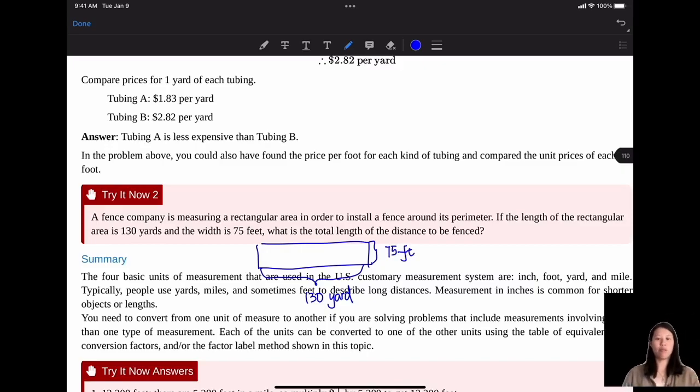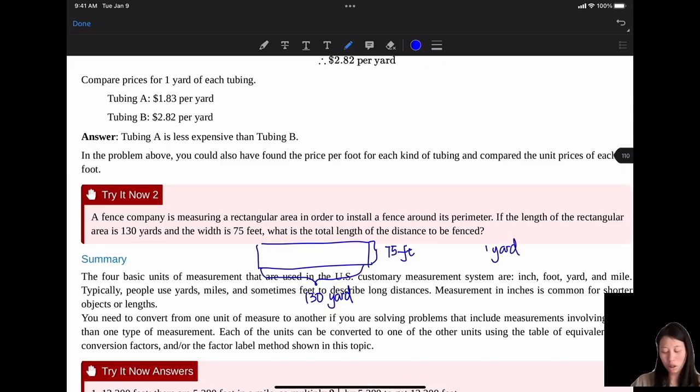So which one would you convert? Do you want to convert a smaller unit to a bigger unit, or a bigger unit to a smaller unit? We talked about that. In real life, we want to make things more appropriate when we choose the measuring unit. Since this is a fence, we usually use yards instead of feet.